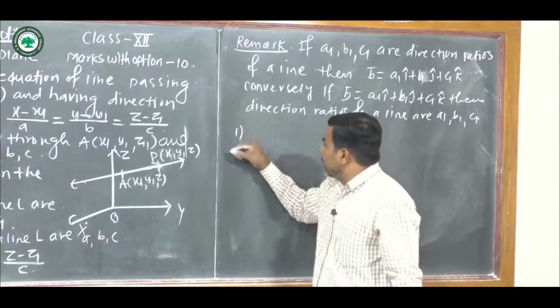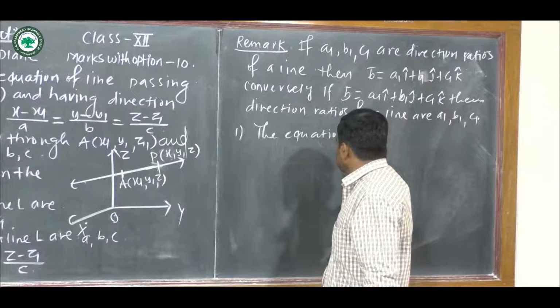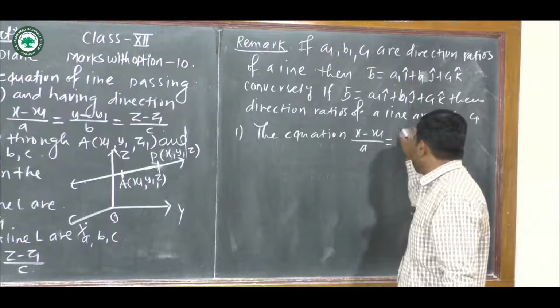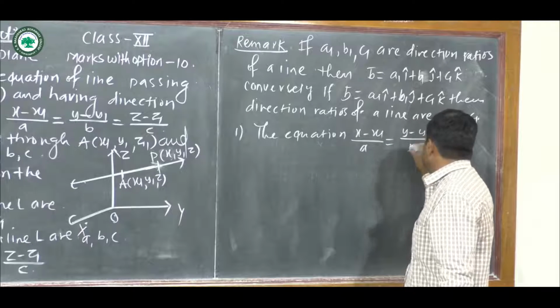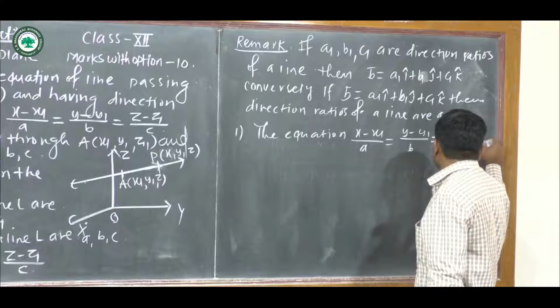In the second remark, the equation x minus x1 divided by A is equal to y minus y1 divided by B is equal to z minus z1 divided by C is equal to lambda.